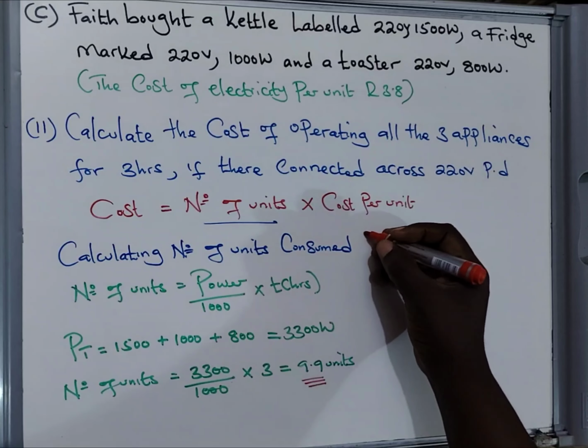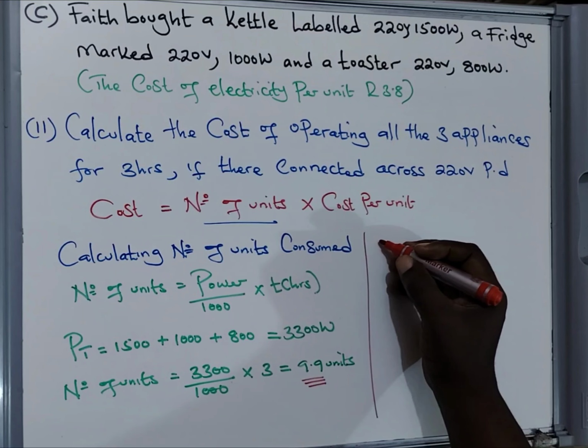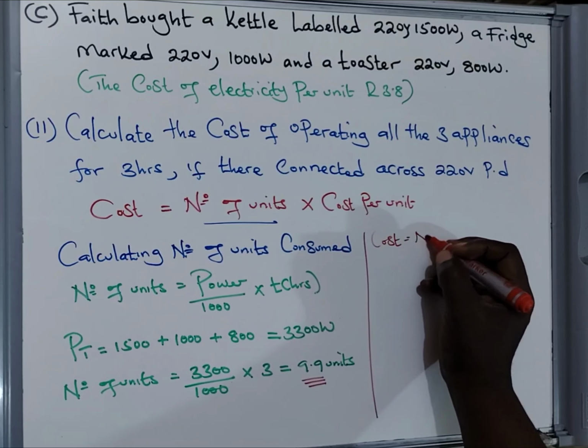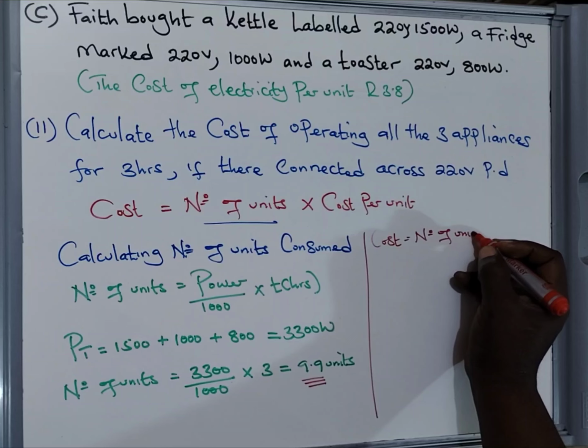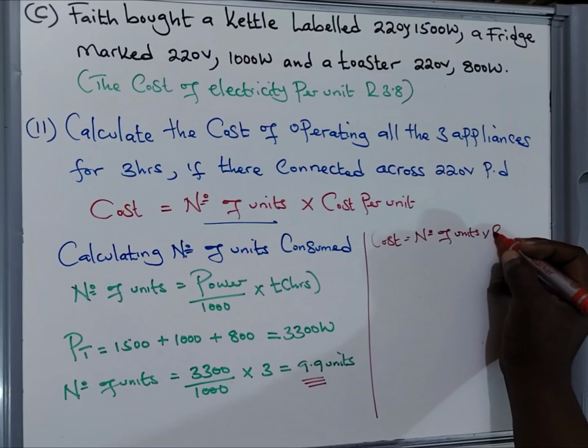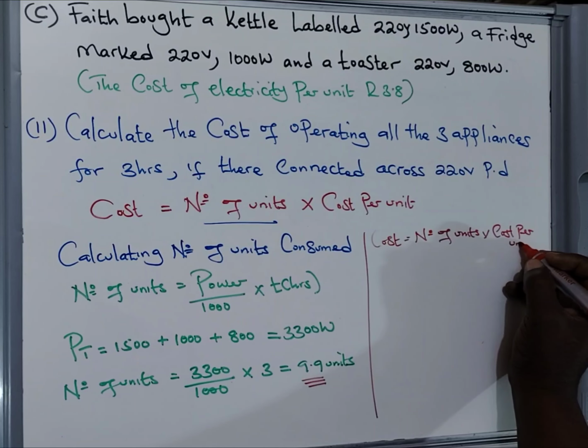So what do we do now? We substitute in our equation, which says cost is equal to number of units times cost per unit.